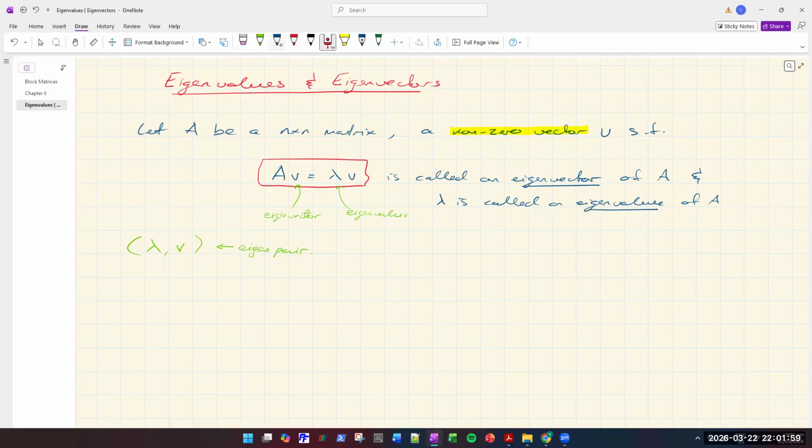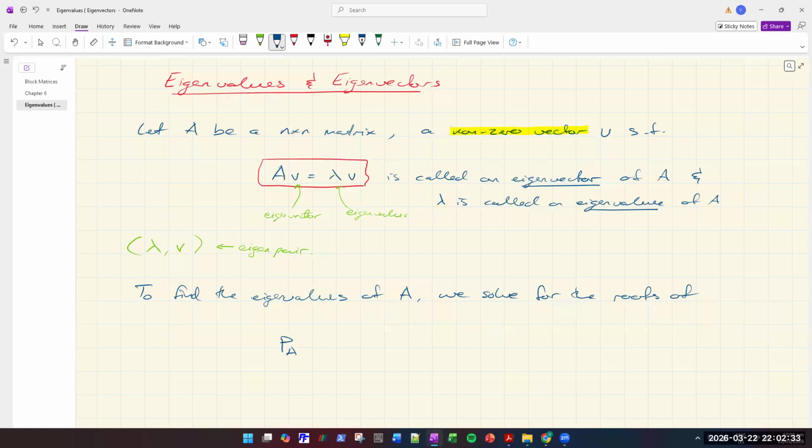So all of this is in the course notes in detail, but I'll just go over the basics that we need to do the calculation. To find the eigenvalues of A, we solve for the roots of the characteristic polynomial.